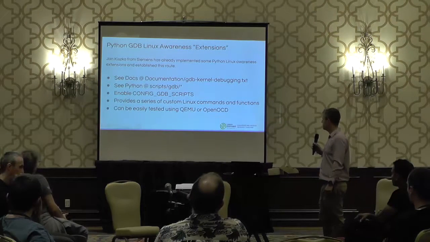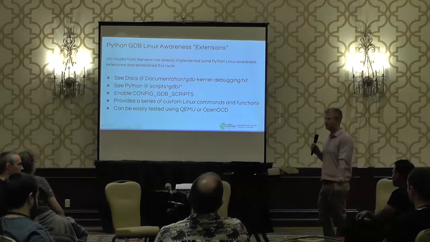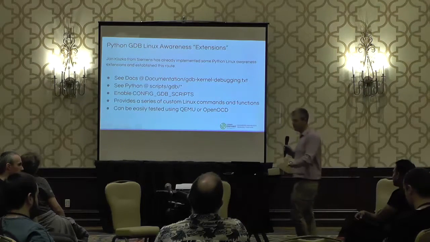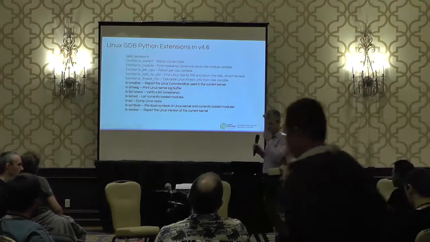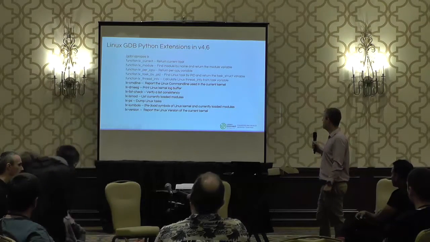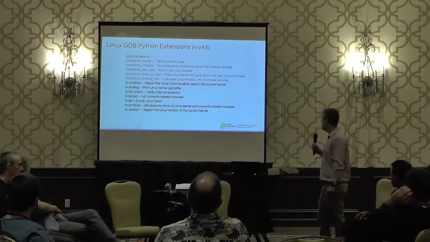You also need to add to your GDB init file that it's okay to execute these scripts. And you get a series of extra commands then. So in the 4.6 kernel, you can see in bold the various extra commands that you now have in GDB.